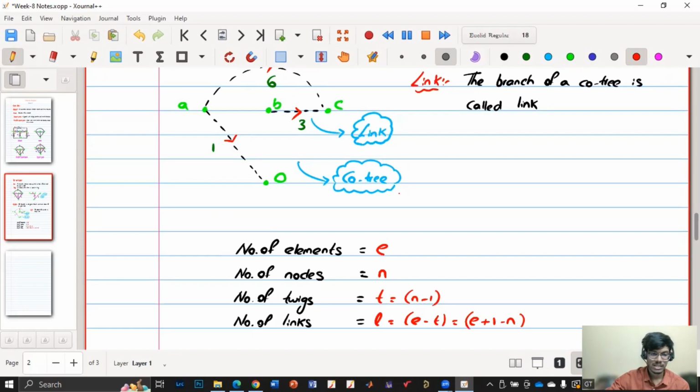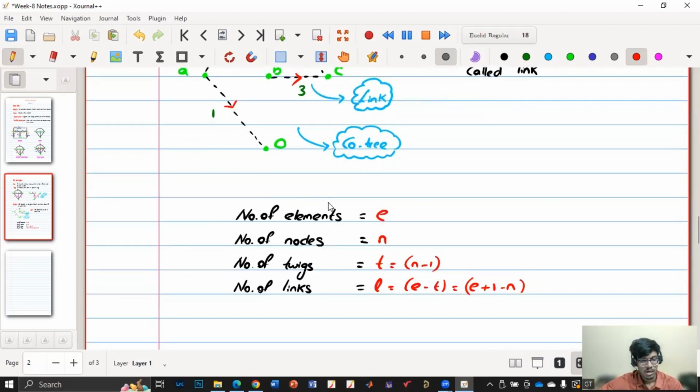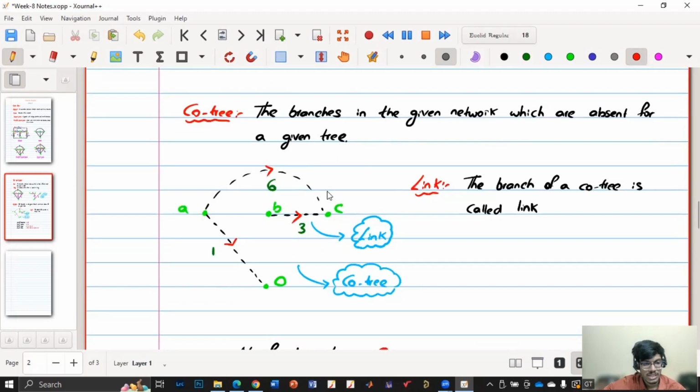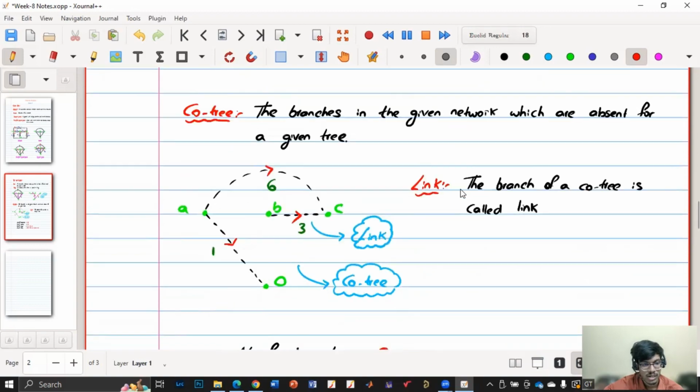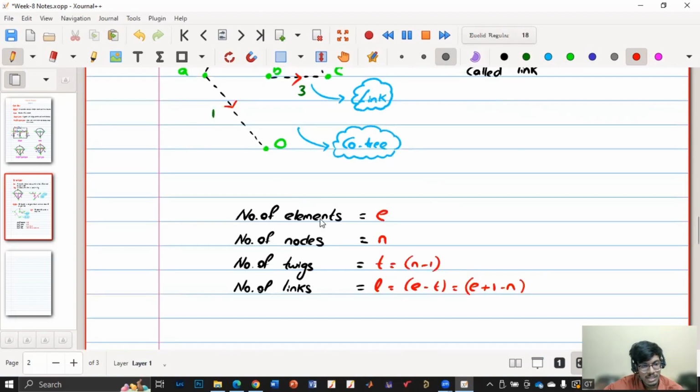So this is the representation for any given network. In this given circuit, how many elements are there? 6. How many nodes are there? 4. So how many twigs will be there in any tree? 3. Because there are 4 nodes, we need 3 lines to connect. Similarly, in a co-tree, how many links will be there?